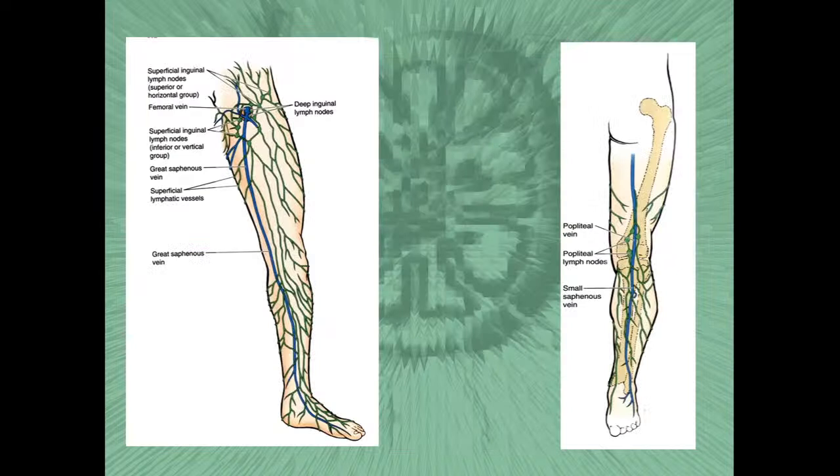Lower limbs. Lymphatic drainage of the lower limbs is a little bit similar to the lymphatic drainage of the upper limbs, and again represented by a very developed system of lymphatic capillaries and lymphatic vessels starting from the foot. Then lymph drains into the regional lymph nodes, and the first group of regional lymph nodes is located in the popliteal fossa.